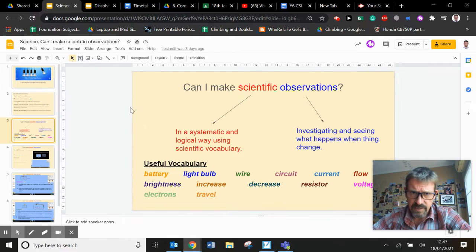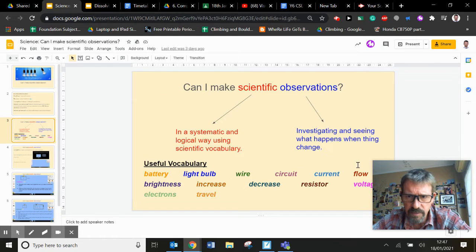So, learning intention: can I make scientific observations? I've got a brief definition of scientific there. It's looking at the world in a systematic and logical way, and using scientific vocabulary.